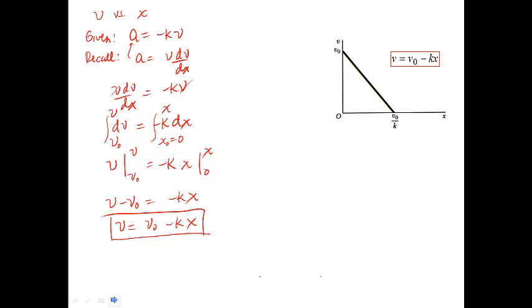So it's a linear function. When x is 0, where it starts, velocity is v naught, and at the final position, the velocity goes to 0. That's it.